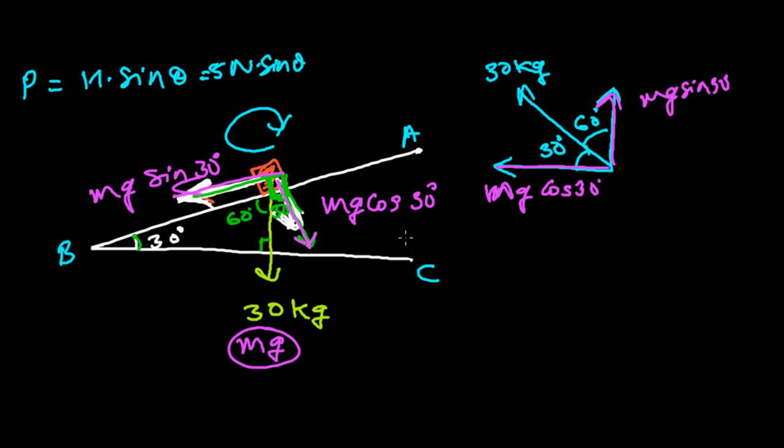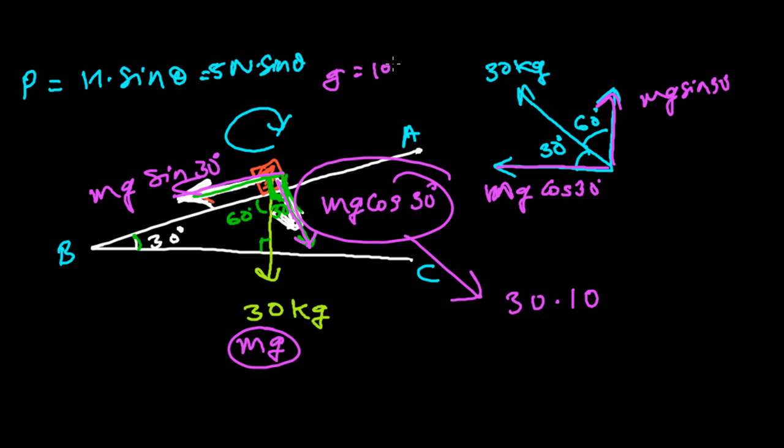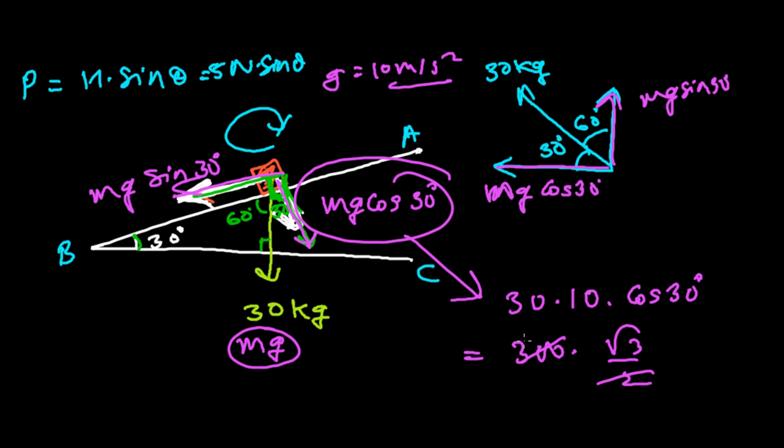Let's first find mg cosine of 30. The mass is 30 kg, and g, acceleration due to gravity, let's take 10 meter per second square. This will be given in the question. Times cosine of 30 degree, so 300 times root 3 over 2, so 150, and you'll get 150 root 3 Newton.